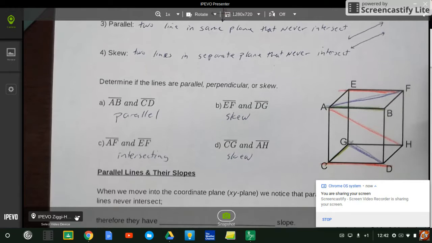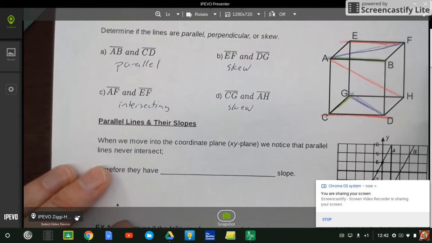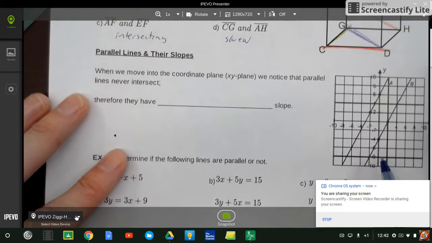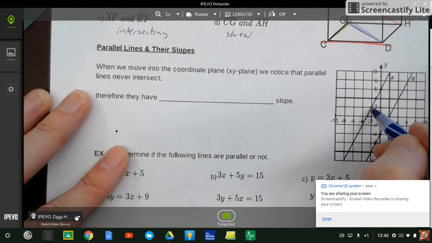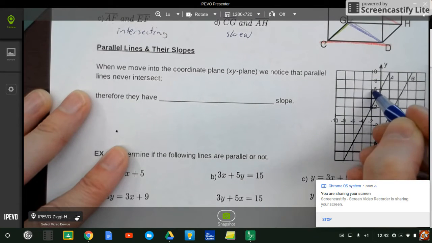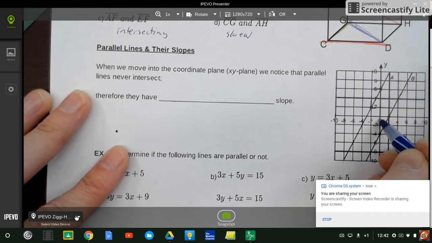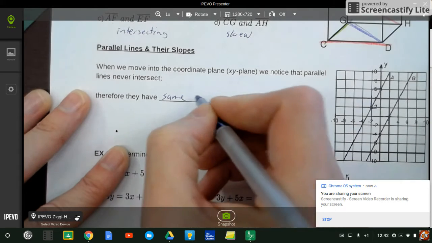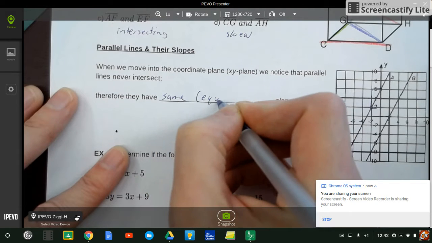So what's that mean about their slopes? Well, parallel lines, since they never touch and are in the same plane, I could calculate this slope, rise 2 over 1, and this one, rise 2 over 1. They have the same slope, or equal slopes.